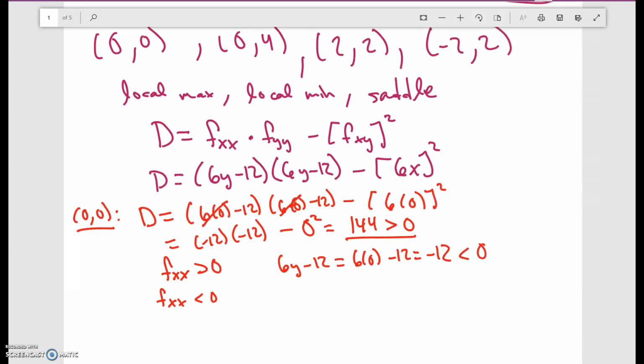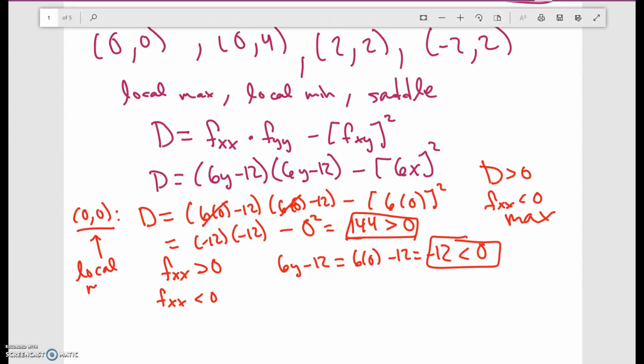So when this is negative, then we're going to have a maximum. Remember, if D is positive and f sub xx is negative, then we're going to have a max. In this case, D is positive and the second derivative is negative. So (0, 0) is going to be a local max. Okay, so that's my first one.